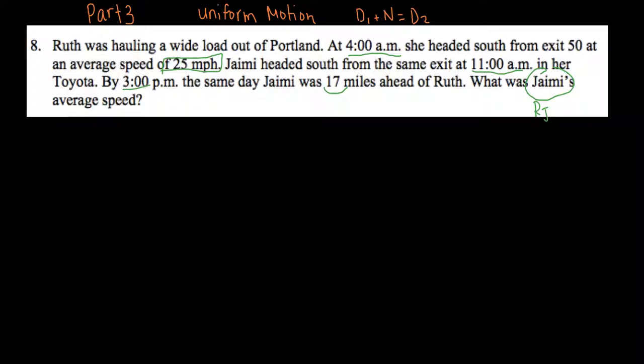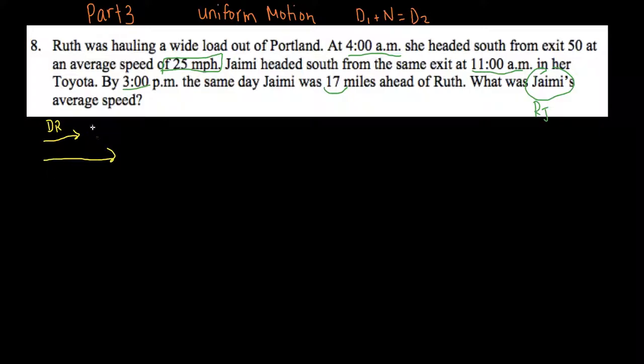Usually it helps to draw a diagram. Jamie is going to end up 17 miles ahead of Ruth, even though Jamie started later. So I'm going to draw an arrow, which isn't a very straight arrow, that represents dr, the distance of Ruth. Then we know that Jamie went further.